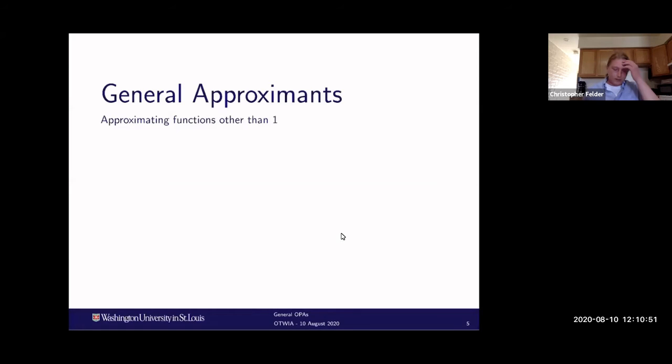Okay, but what I want to dig into now is general approximants, and what I mean by general is approximating functions other than 1. So, polynomial multiples of some given function f, how close can I get to g? Right?